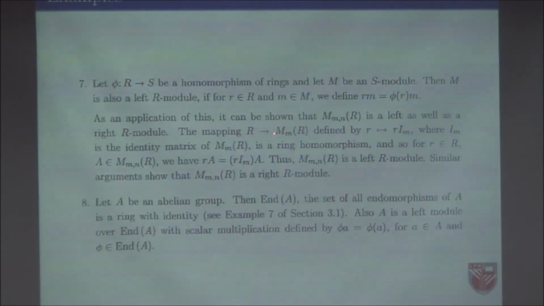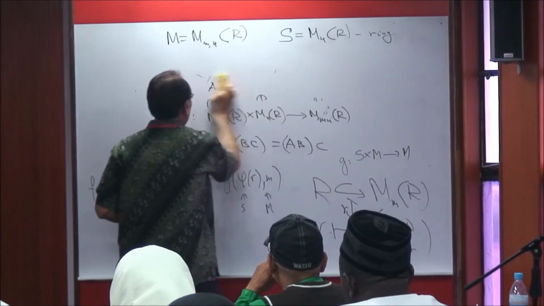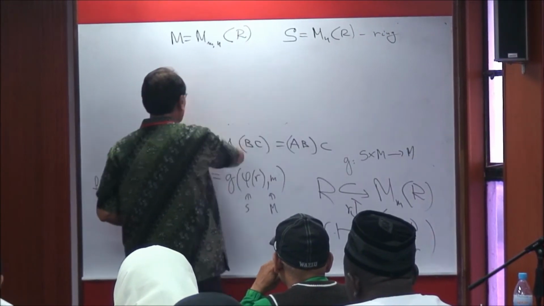If you include your R in N by N matrices, then you can multiply from the other side, and you get the right module. This is an example we just considered.